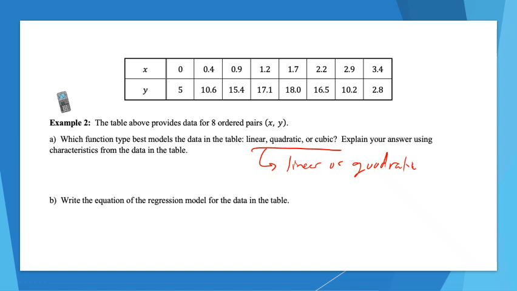Linear will typically be when it's strictly increasing or decreasing, and quadratic would be when the data goes up and then down, or goes down and then up. Those are really the only two that you would see. You wouldn't be given the fact that it's cubic or quartic, or even linear quadratic. You wouldn't be given that data regression model beforehand.